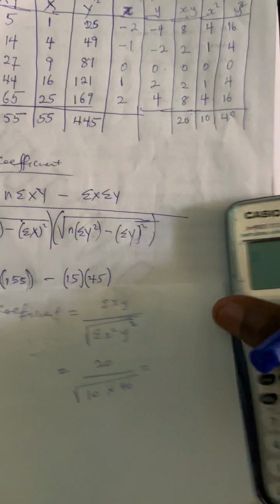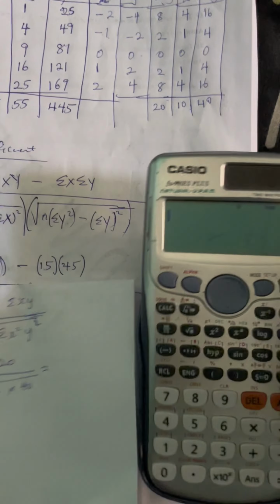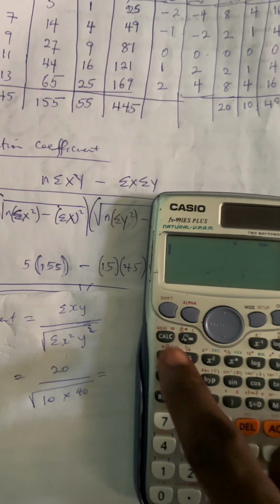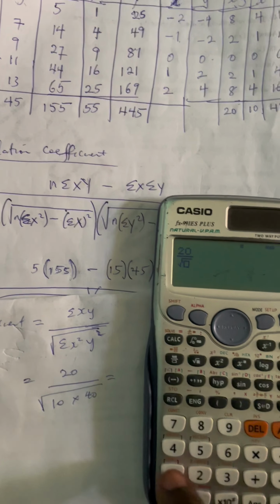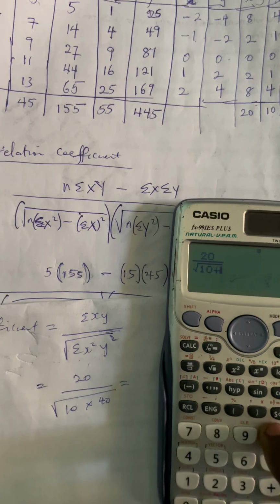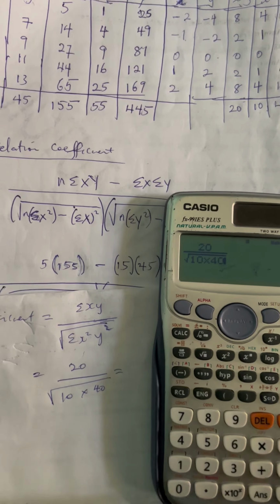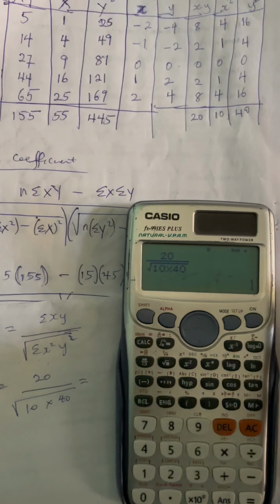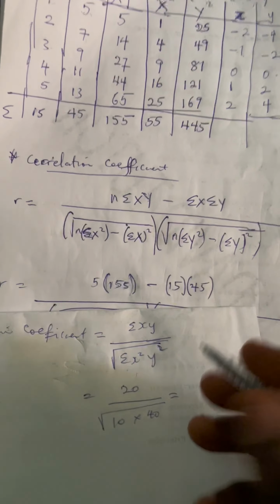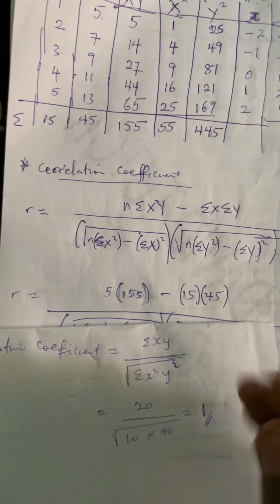Now if you press this on the calculator, the fraction button, 20 all over square root of 10 multiplied by 40, the answer here is 1. Can you see the answer is 1? So this is 1 when we use the lowercase.